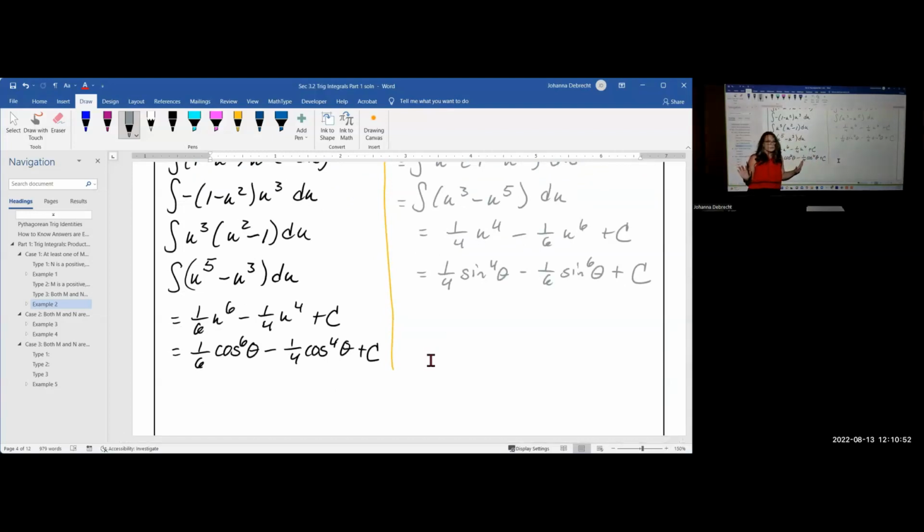Don't freak out. It's fine. This does not look like this. But if you spent half an hour or an hour with a bunch of Pythagorean identities and trig functions, you could turn one of these into the other.